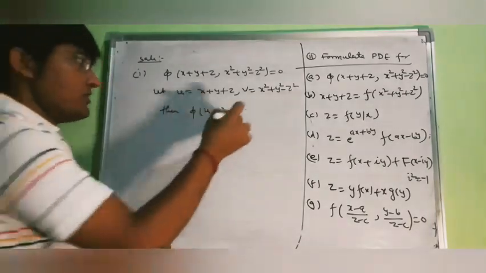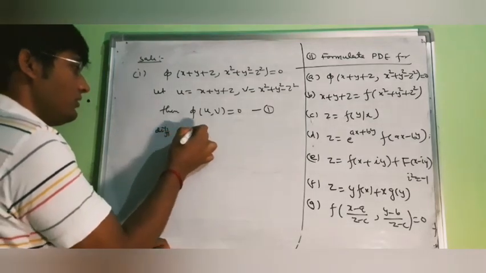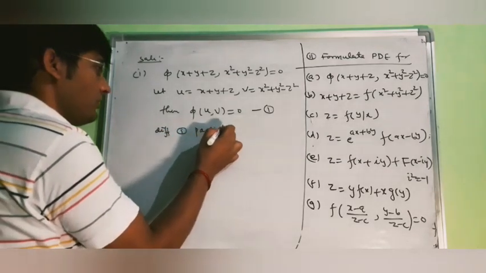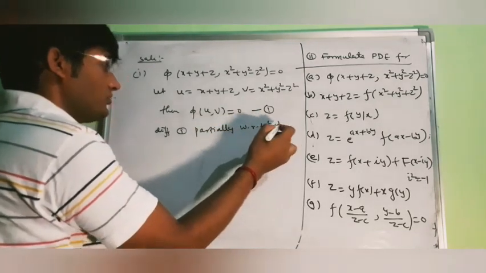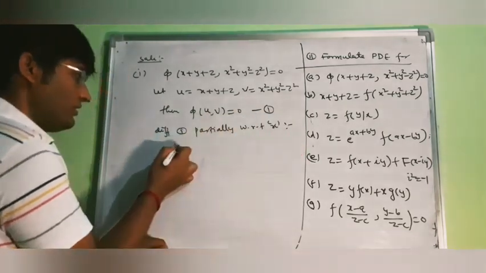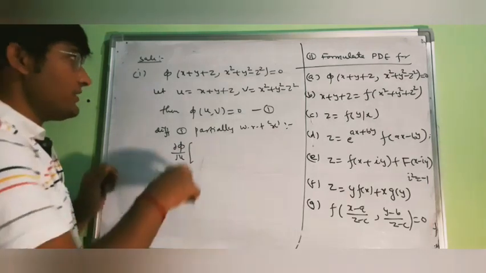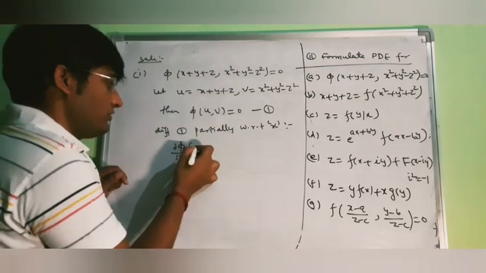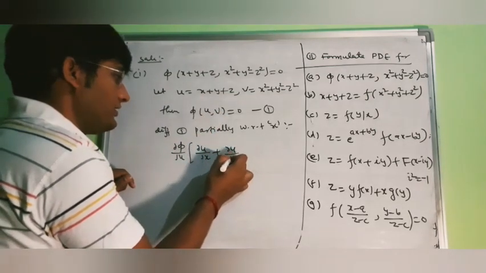Now let us differentiate this equation 1 partially with respect to x. We will get del phi upon del u, and the partial differentiation of u with respect to x will be del u upon del x, and then del u upon del z into del z upon del x.